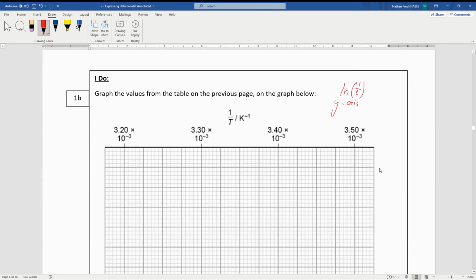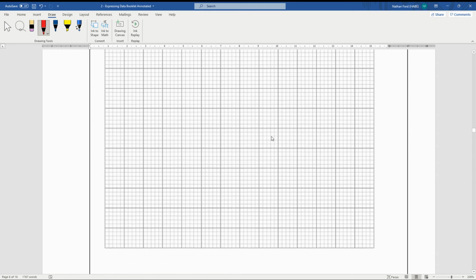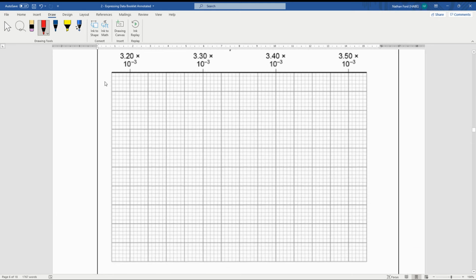So if we come down here, we need this to go from negative 2 to negative 4. So if I went down in a scale, remember the same rules as before. I want to use as much of this space as possible. So let's just make this one negative 2. Now, we want this to come all the way up to negative 4.